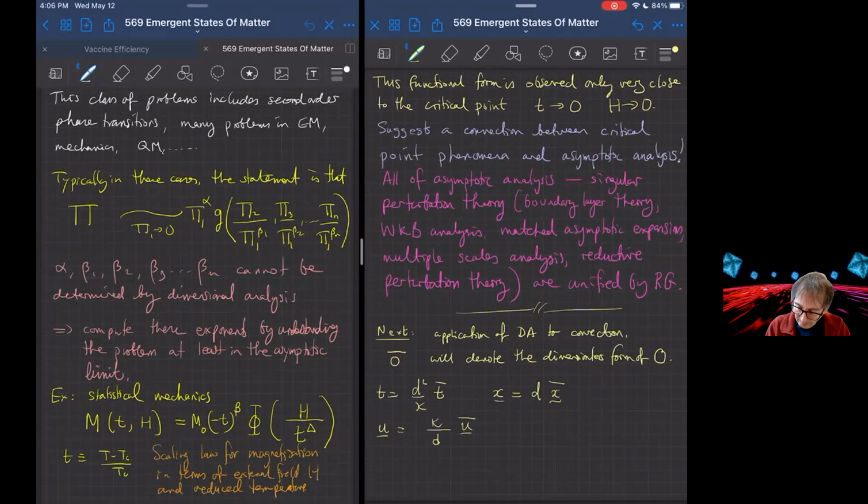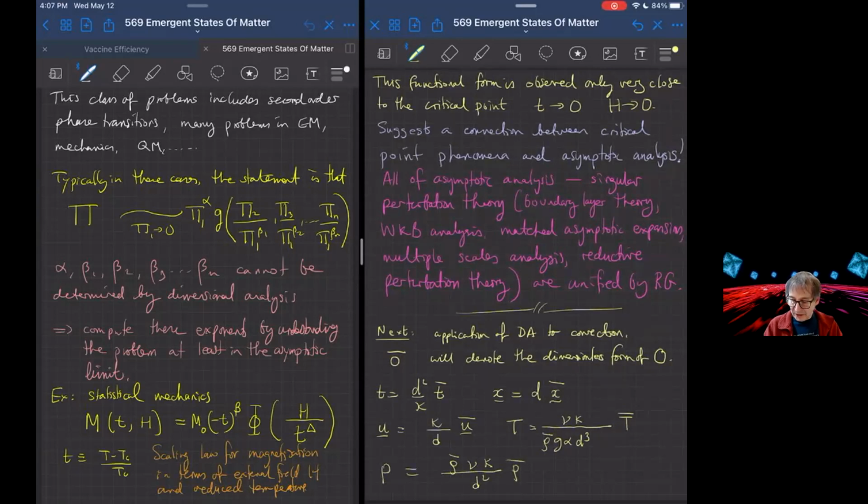We'll scale temperature by the following: nu kappa over rho bar g alpha d cubed times some dimensionless temperature, which we'll call T bar. And lastly, we'll scale the pressure in terms of rho bar nu kappa over d squared times the dimensionless pressure, which we'll call P bar.